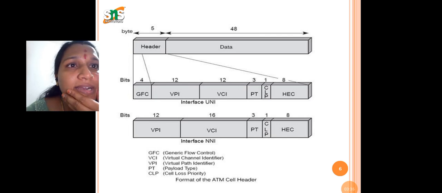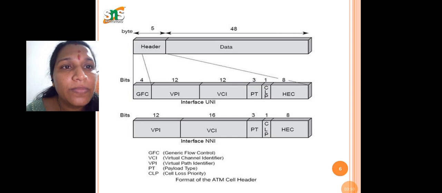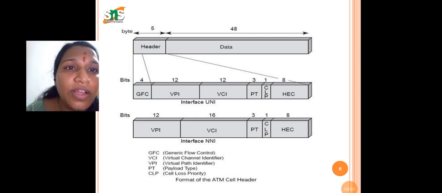Here we can see the data that is 48 bytes and the header that has 5 bytes. In bits, the path identifier is 12, the channel is 12, and the payload type is 3, and the cell loss priority, that is CLP, has 1. And each byte is interfaced into NNI and UNI, that is UNI to NNI.